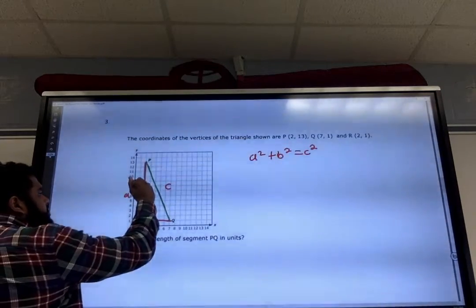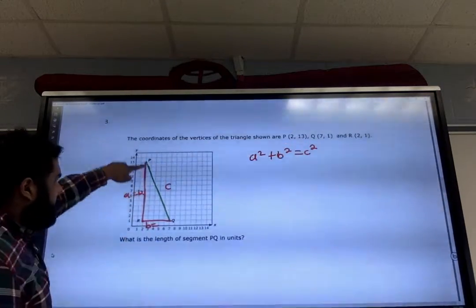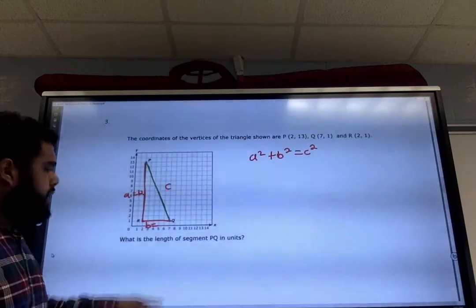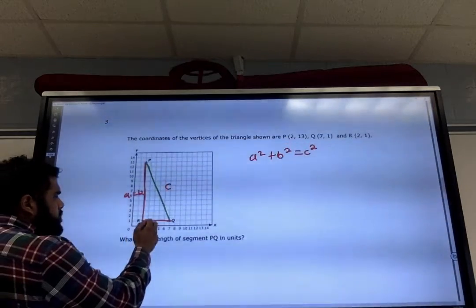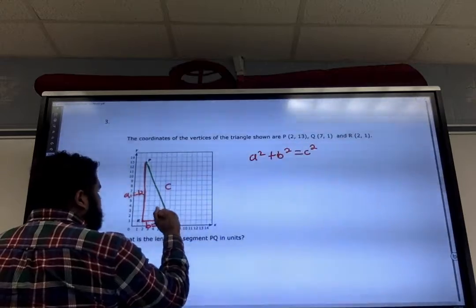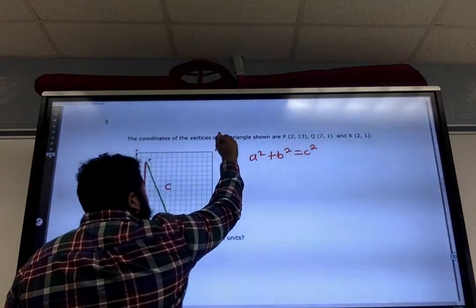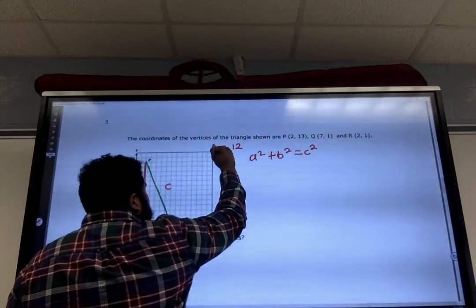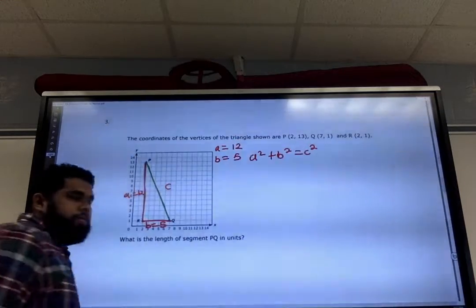So there are 12 squares or 12 units on this side length. Okay? And then over here, B equals 1, 2, 3, 4, 5. So A equals 12, B equals 5.